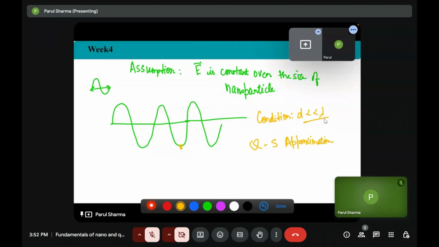Now, under the presence of an electric field, when light interacts with the metal nanoparticle, there will be a separation of charge, and because of this separation of charge, there will be an induced dipole.